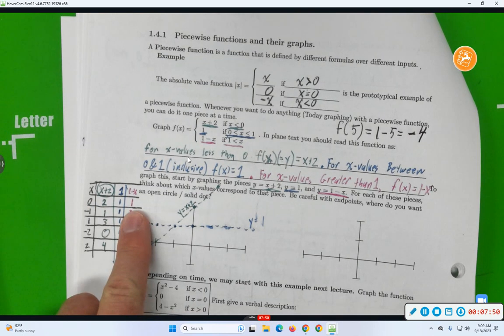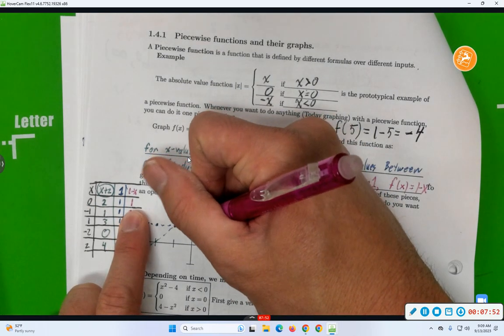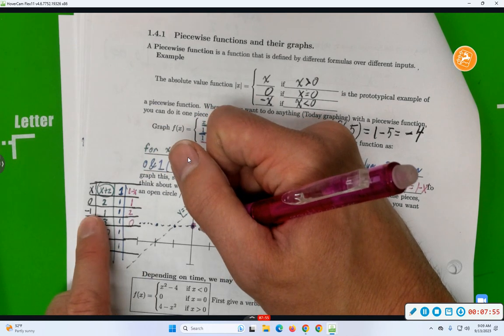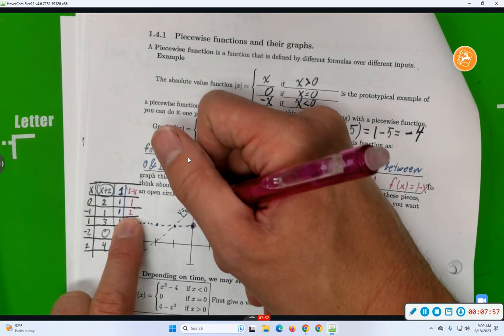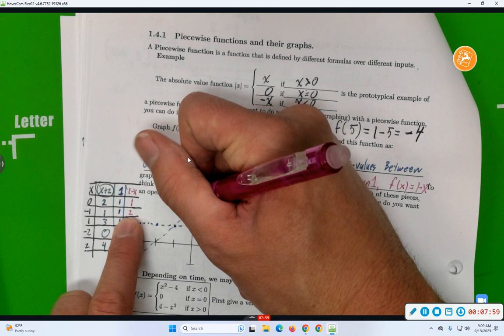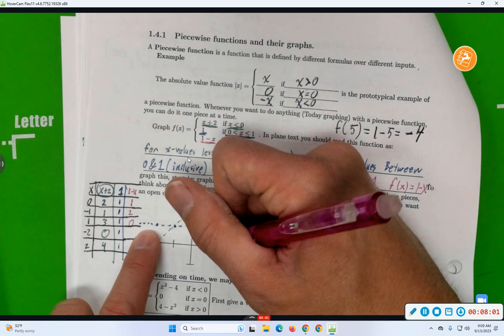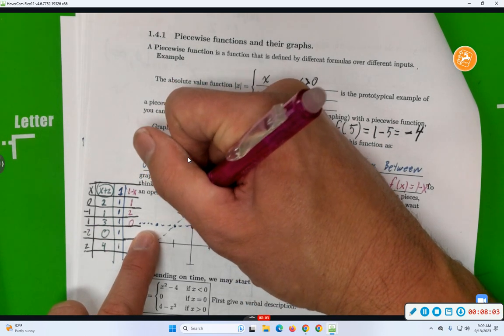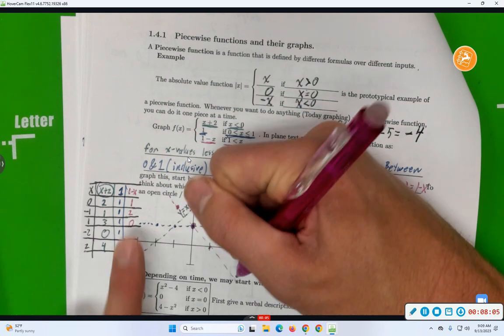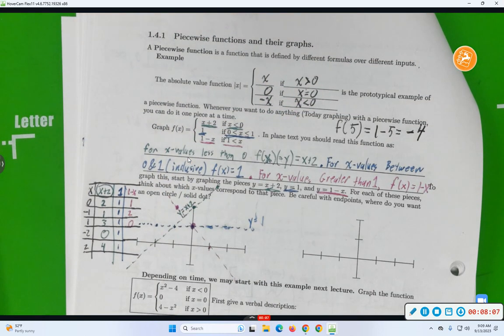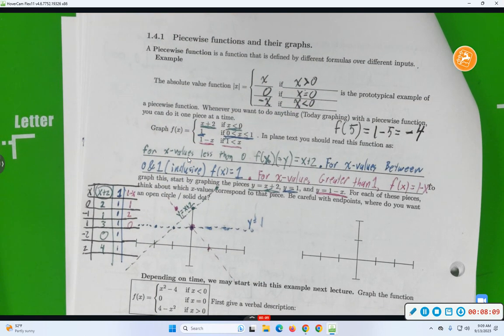At 0, we get a y value of 1. At -1, we get a y value of 2. At 1, we get a y value of 0. Yeah, that looks like it's just going to be a straight line. So far, so good?